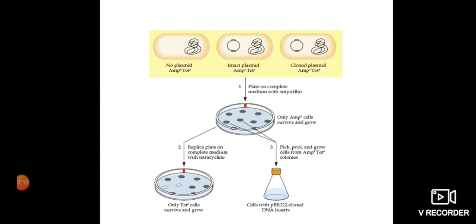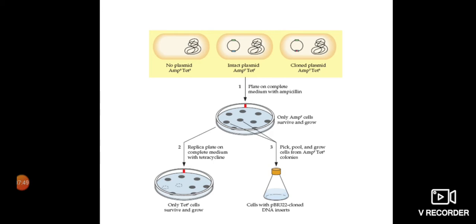So that untransformed cell does not have any plasmid, and it is not resistant to ampicillin or tetracycline, so it is sensitive, which means it will not grow in media having tetracycline or ampicillin. Now once the transformation is done for the recombinant DNA, we will not know that all the vectors have got ligated with the target DNA.